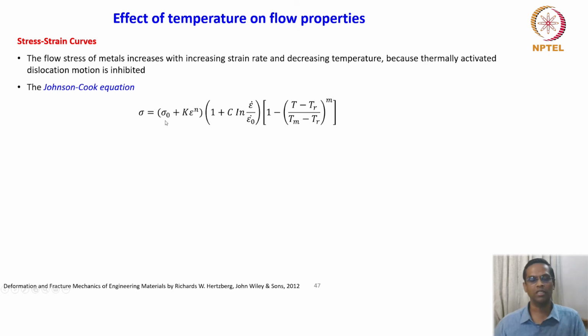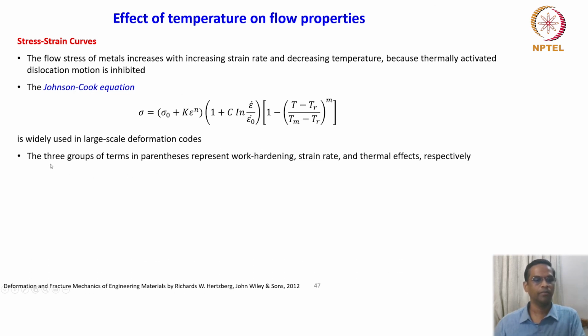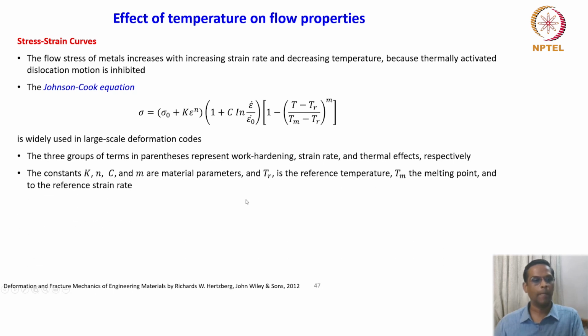That is why this equation is quite popular and useful, and it is widely used in large scale deformation codes. The three groups of terms in parentheses represent work hardening, strain rate, and thermal effects respectively. The constants K, n, C, and m are material parameters, and Tr is the reference temperature, Tm is the melting point, and epsilon naught dot is the reference strain rate.